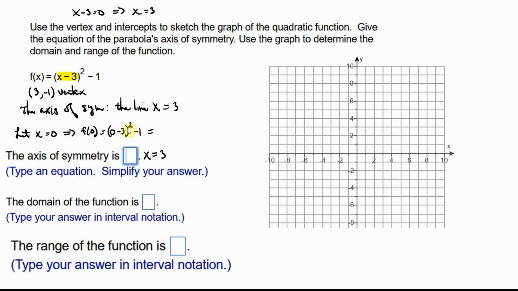So that becomes 9 minus 1. I get 8. So this is 0 comma 8. That's the y-intercept, right? To find the y-intercept, set x equal to 0, solve for y. To get the x-intercept, you set y equal to 0, solve for x. It's always opposites in algebra.